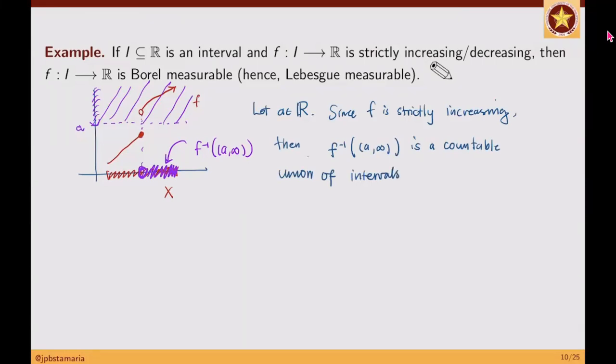Halimbawa, kung yung A mo nandito, bakit union of intervals? Kasi pag ililipat mo yung A somewhere else, let's say nandito yung A sa baba, actually interval kahit na nasaan si A. So, huwag na natin sabihin countable union of intervals. Interval pala. Napaisip din ako bigla. Is an interval all the time. Kasi nga, strictly increasing. Hence, Borel. Lahat kasi ng mga intervals ay Borel sets.